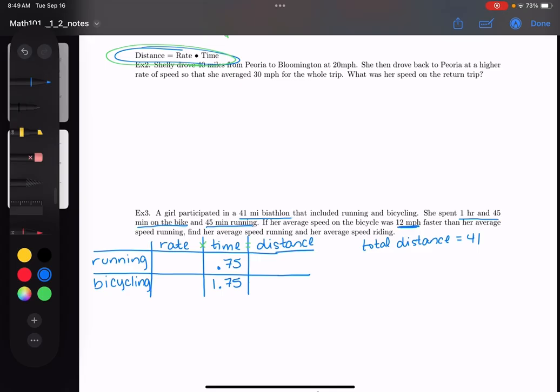Her average speed on the bicycle was 12 miles per hour faster than her average speed running. And we don't know her average speed running. So I'm going to call that X because I don't know it. But I do know that her bicycling was 12 faster than that. So I'll write it as X plus 12.